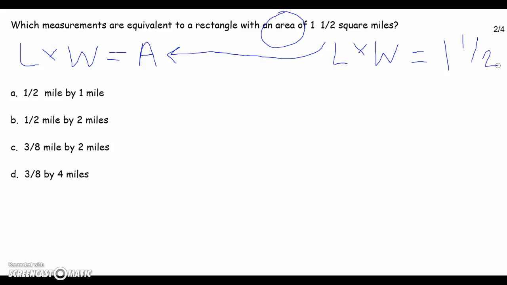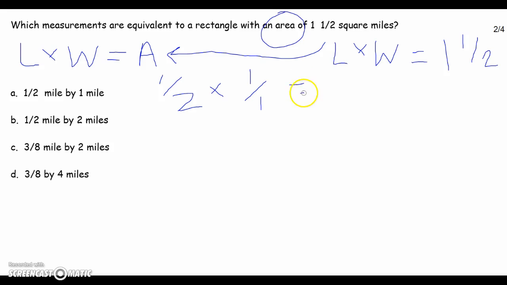So what I would recommend is that we solve each individual problem as if those were the dimensions they gave us, to see if the solution would give us 1.5. So let's go ahead and start with 1/2 mile by 1 mile. So 1/2 times 1, and I'm going to put that 1 over 1 because with multiplying fractions, that's what we're supposed to do.